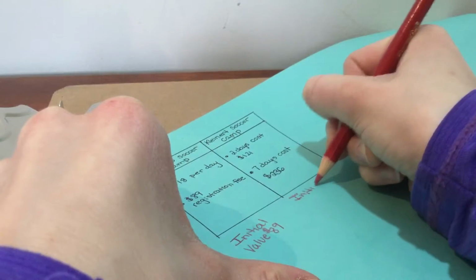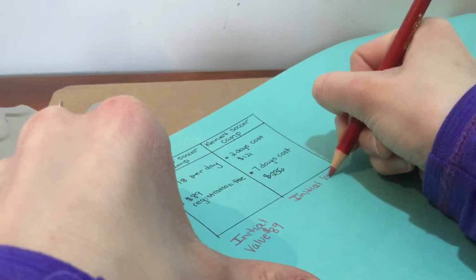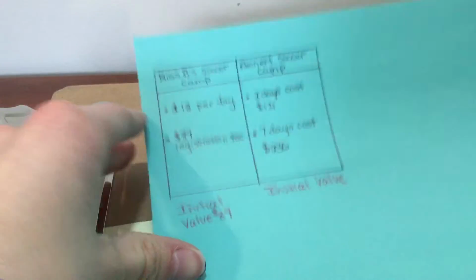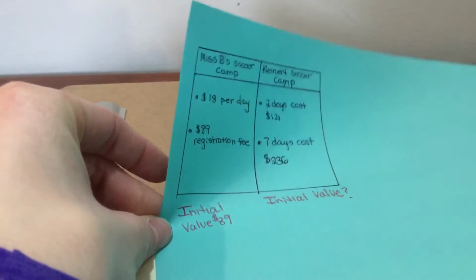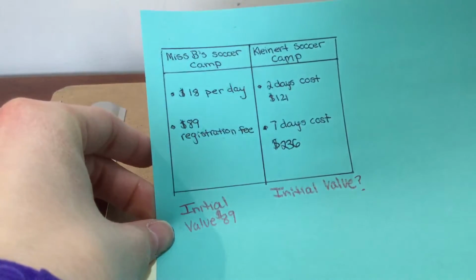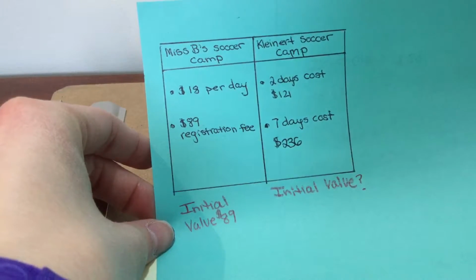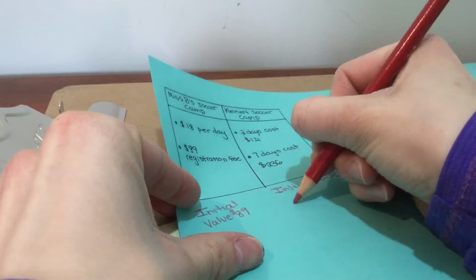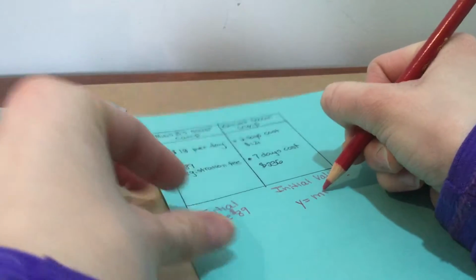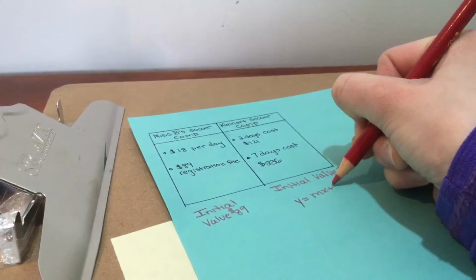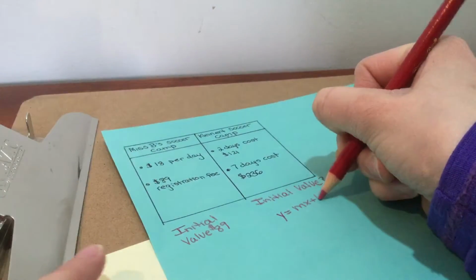But we can figure it out pretty easily. All right, so what are we going to do? This is our question. What is the initial value? Well, first of all, we need to put it into y equals mx plus b form.